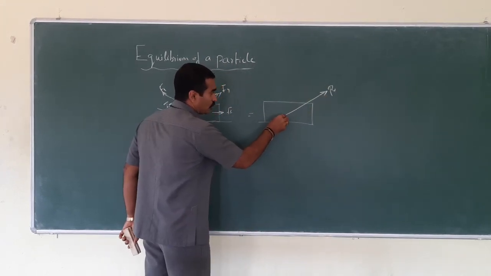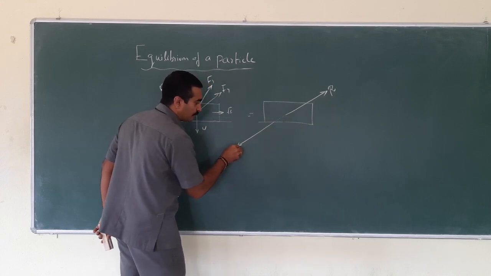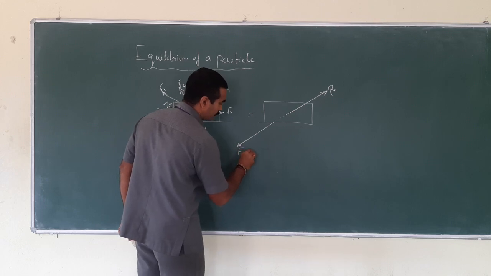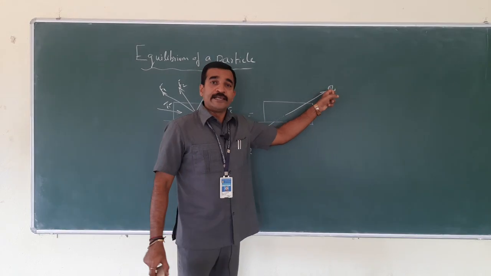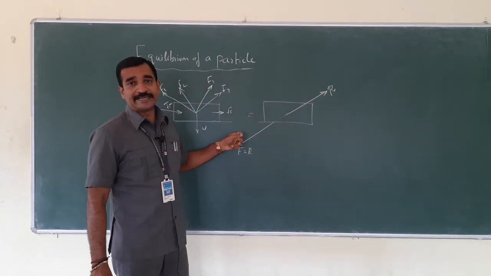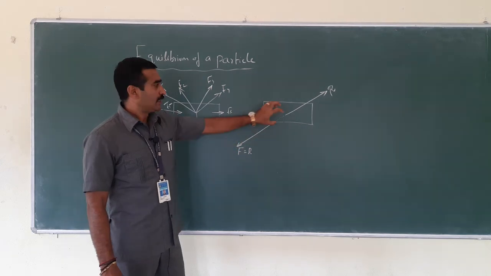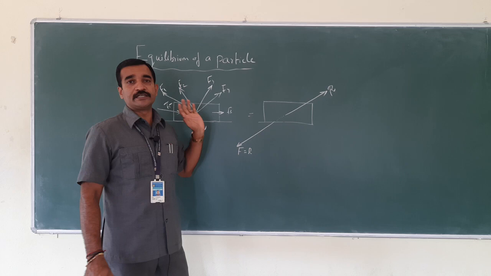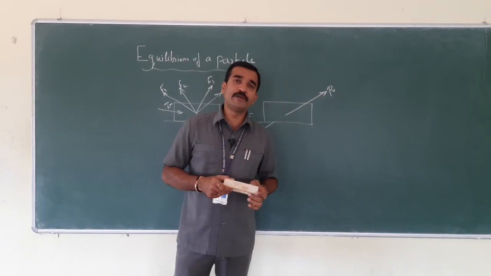Now I am going to add a force of the same magnitude as the resultant but opposite in direction. This force which brings the system into equilibrium condition is called the equilibrant. Right.